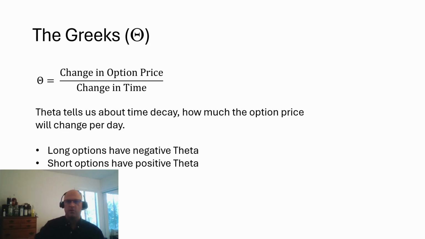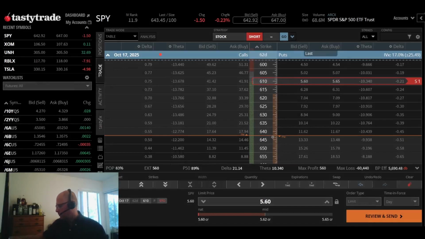So switching back over to the trading platform here, if we look at this 21 delta option, I have theta up here. So this option is going to lose. And this is a bit complicated because the factor of 100 is already considered in this price.